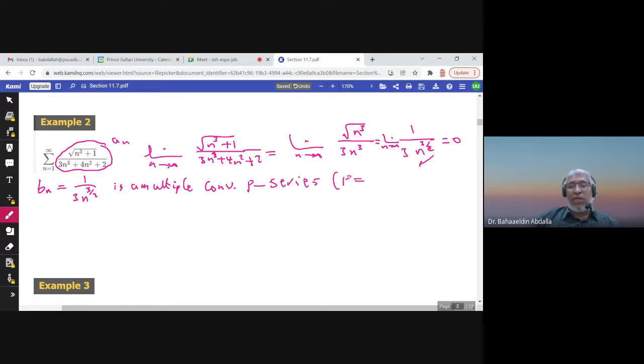Why? Because p is 3 over 2 and it's greater than 1.